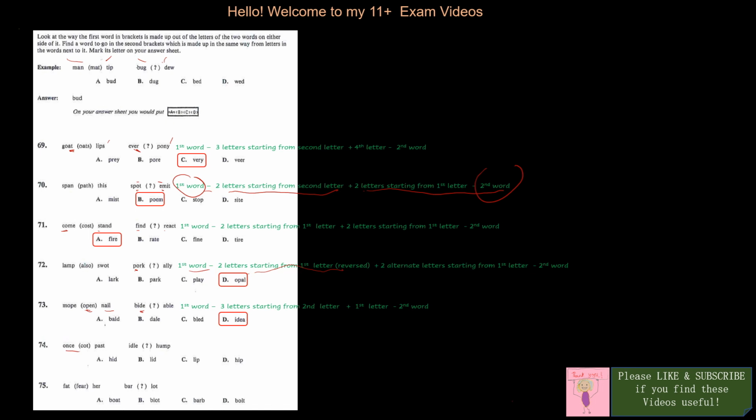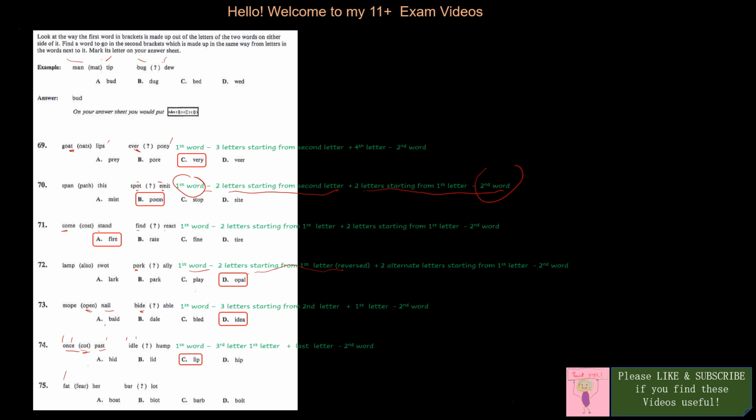So once, past, Scott, how do you get CO, and then this last, so it should be LIP. Okay, so it's lip. Okay, next is fat, fear. So we have FA, fear.